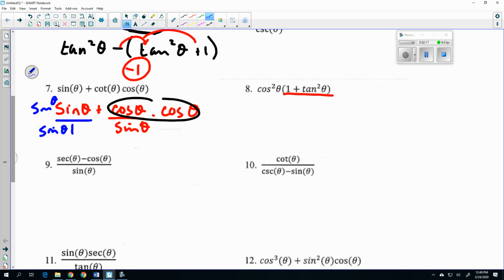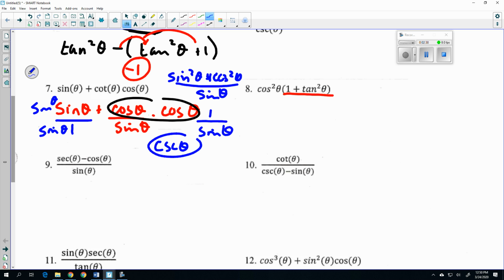So I end up saying that I've got sine squared theta plus cosine squared theta all over sine theta. Well, I know that that's 1 over sine theta, which, by the reciprocal identity, is cosecant theta. So that's essentially what you're going to be doing. Finding a common denominator is one of the keys that you want to look for.